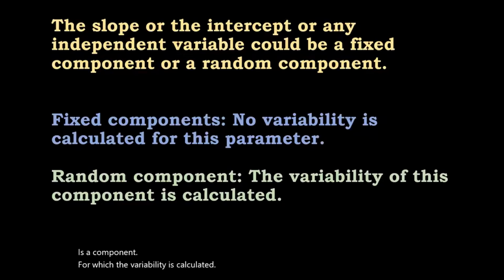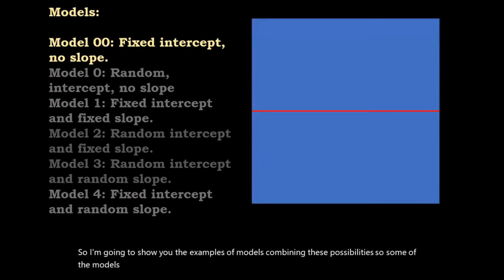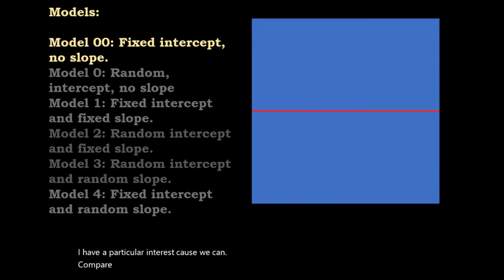So I'm going to show you examples of models combining these possibilities. Some of the models are typically used, and some are less used. Some models are of particular interest because we can compare this multi-level modeling approach with the traditional approaches.